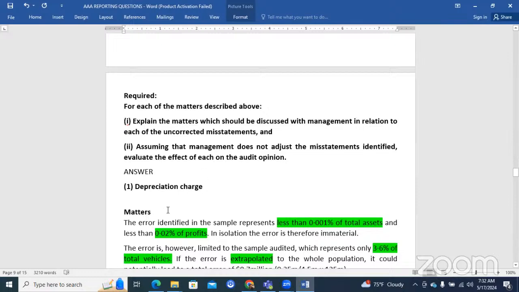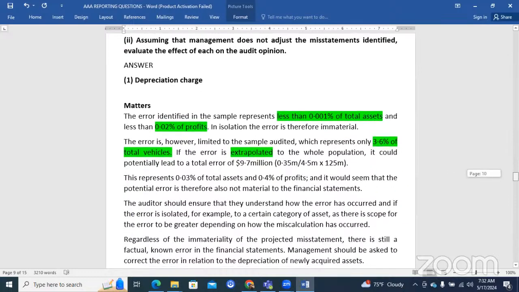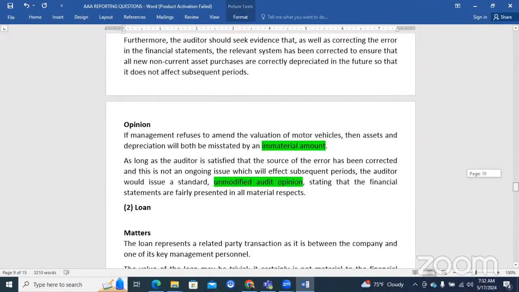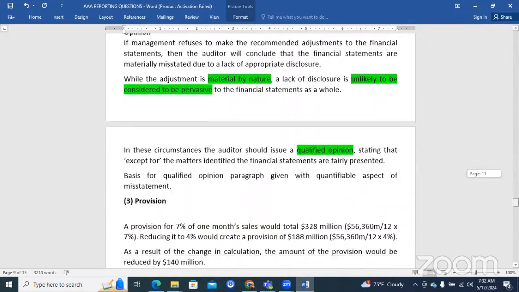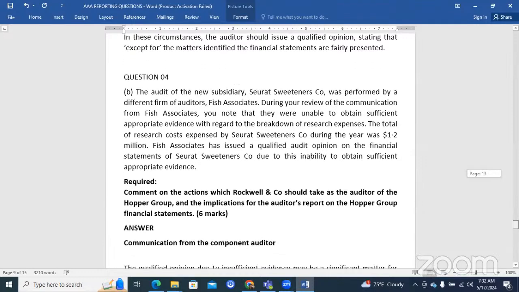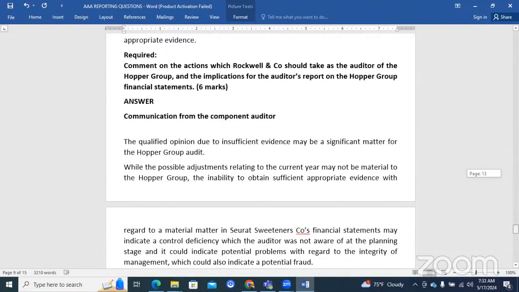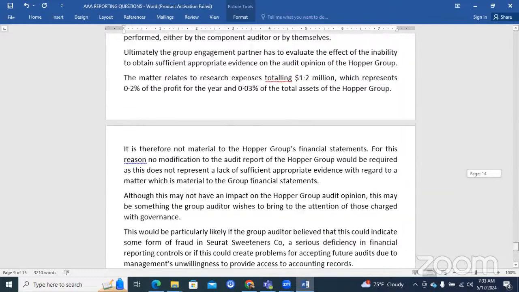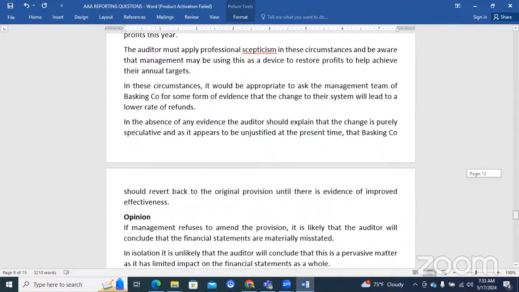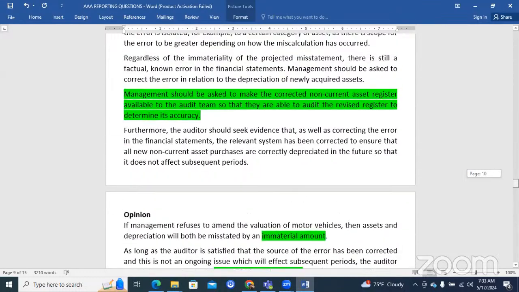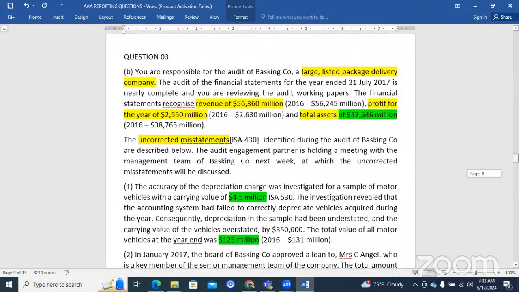So here I gave some questions. See the answer structure; it is similar to what I said. Students, I'll share this material after the class. The next question given is to critically evaluate the implication for the audit report. I gave the answers for that too.